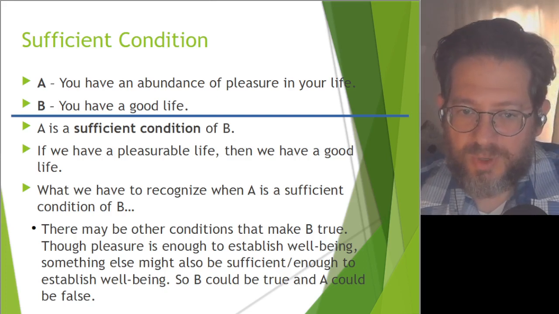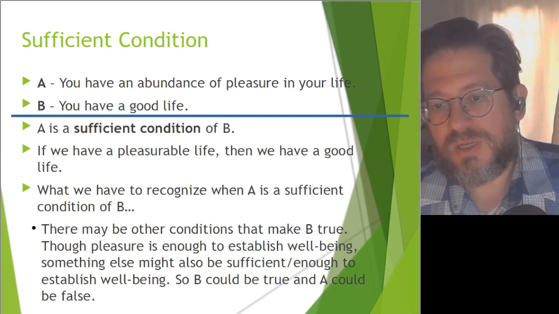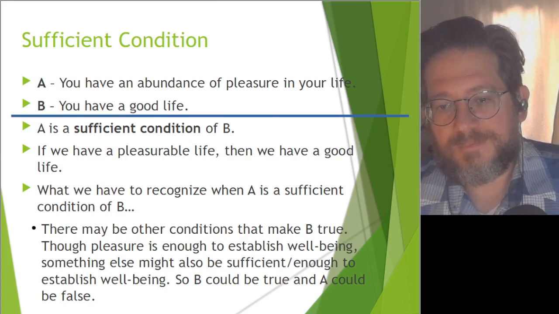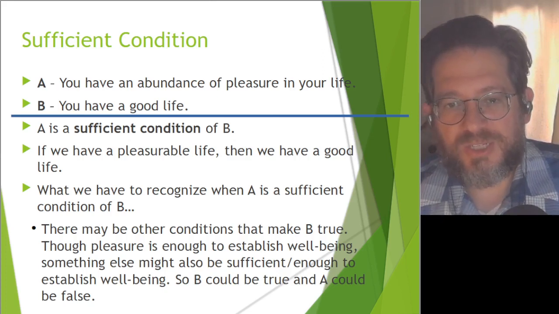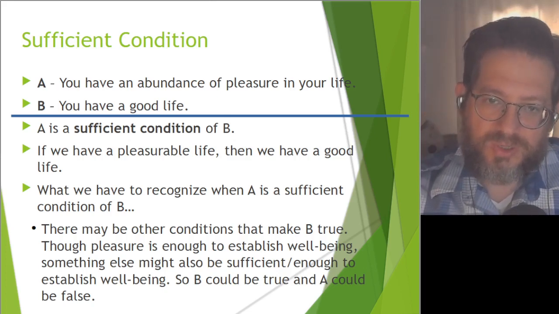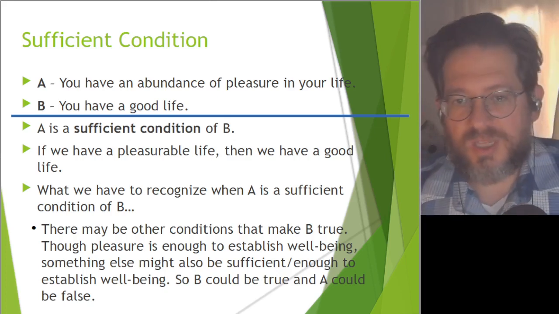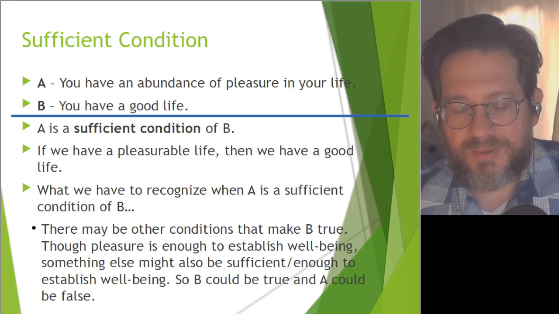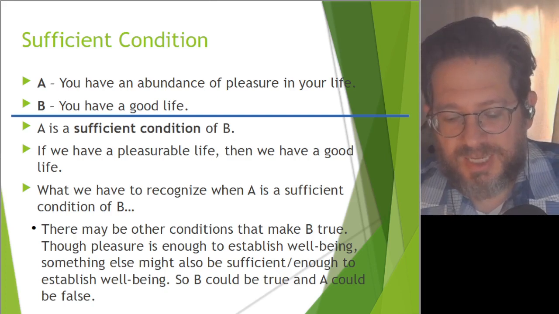Okay, positive well-being. So that's kind of the gist of a sufficient condition, right? It's enough, it's sufficient to get us B, in this case, a good life, well-being, positive well-being, but it's not saying that it's the only way.